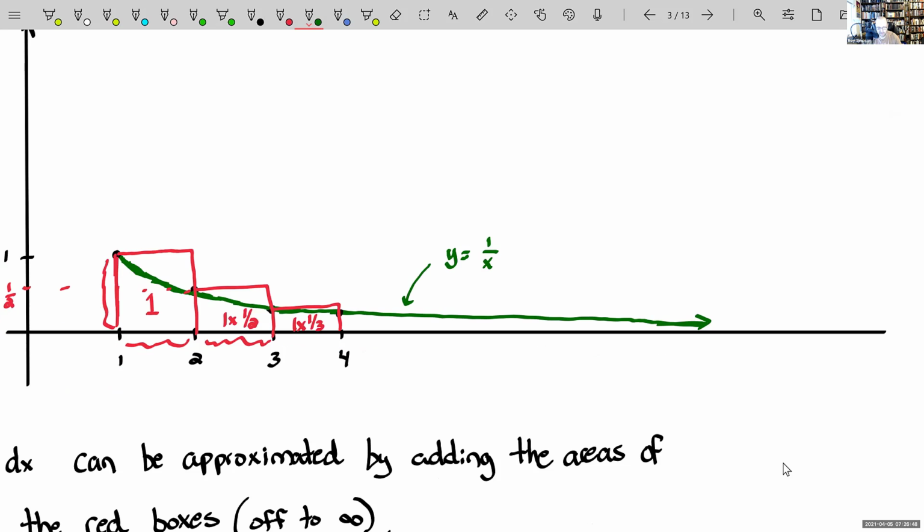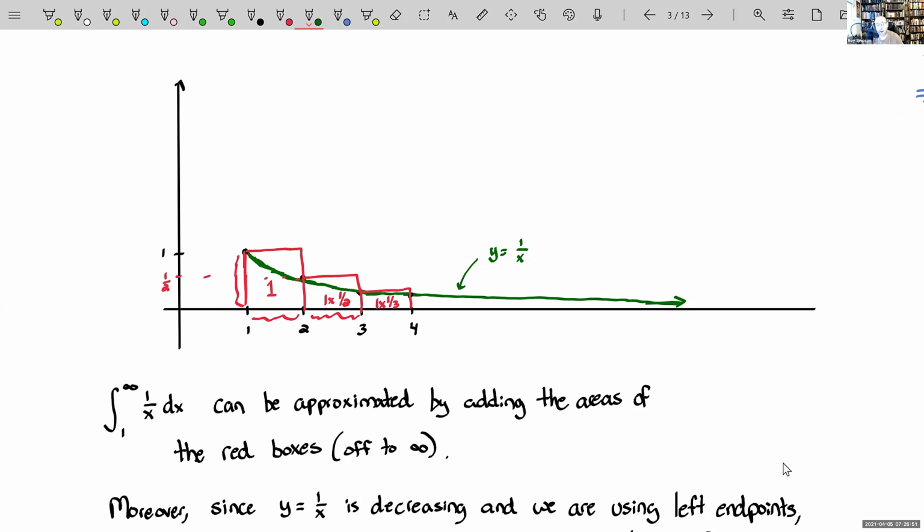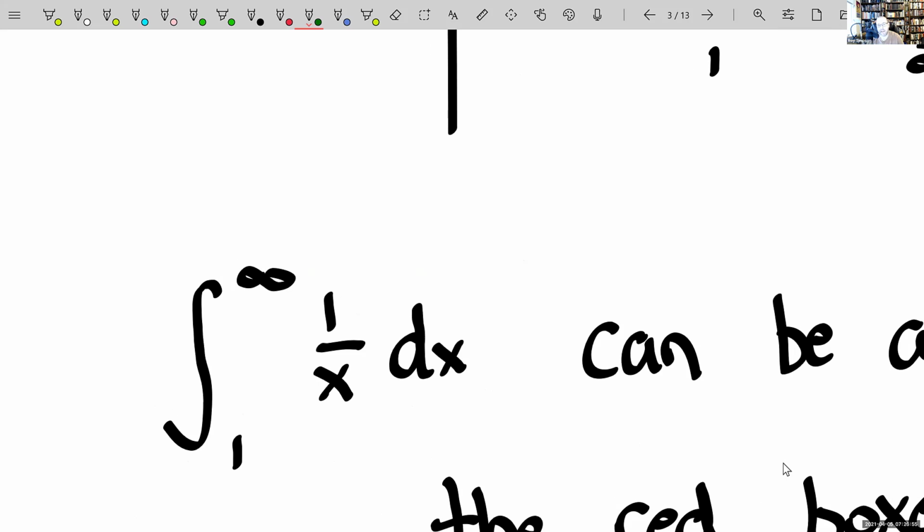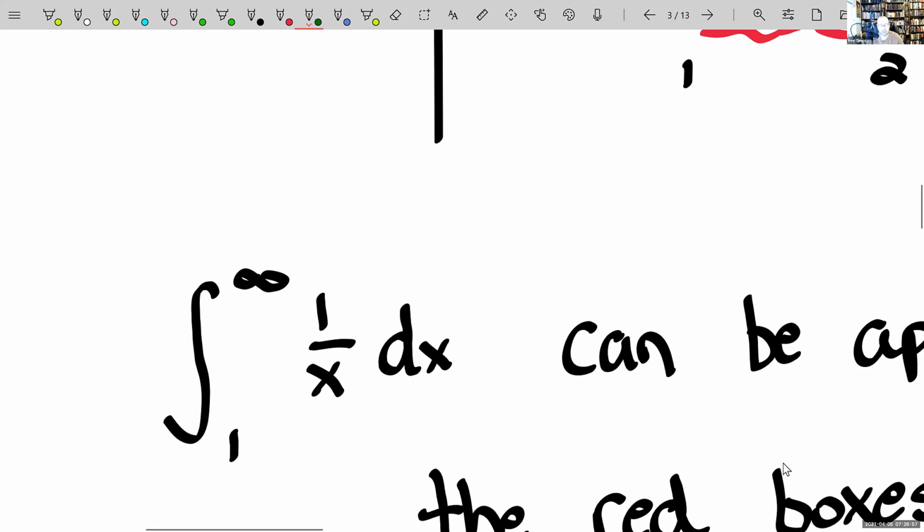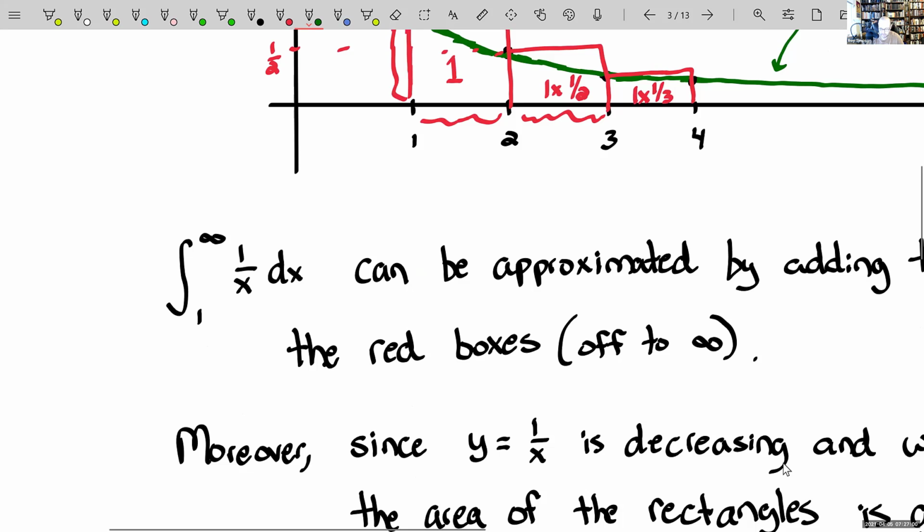And we know from chapter 7 that the improper integral from 1 to infinity of 1 over x dx, that diverges by the power test for integrals, right?